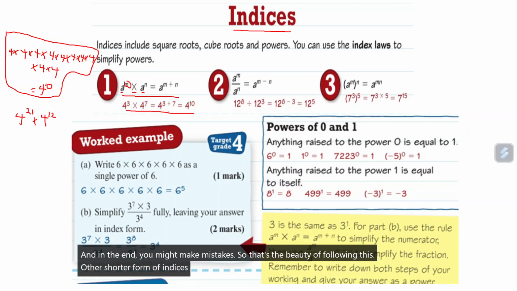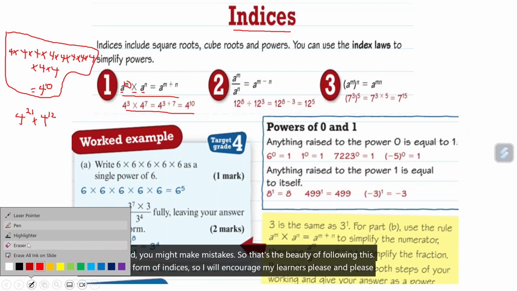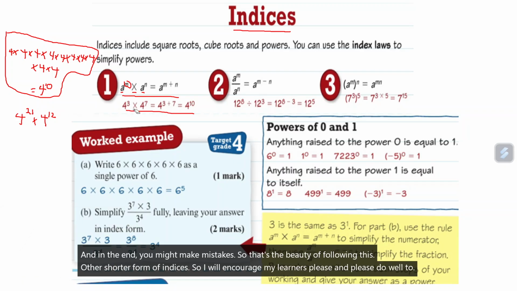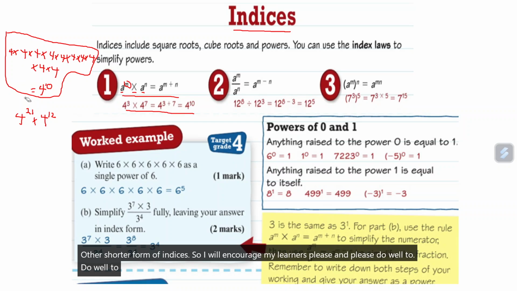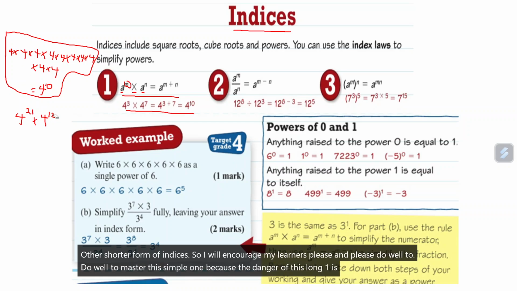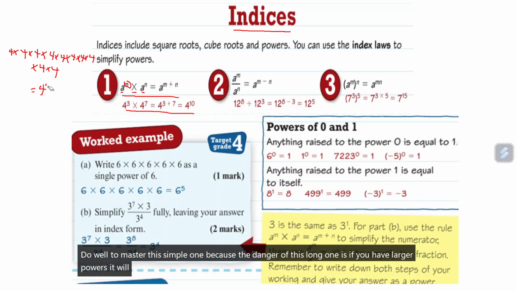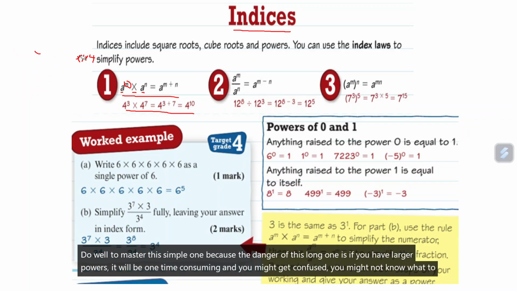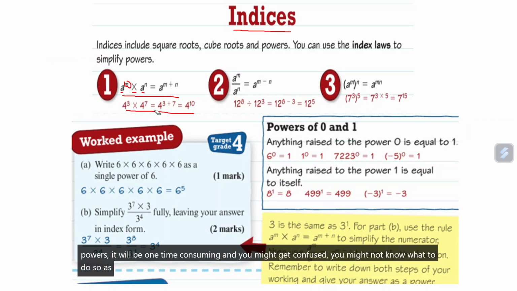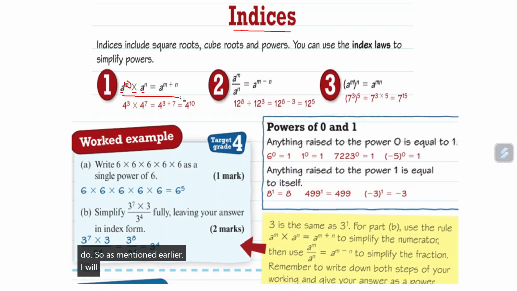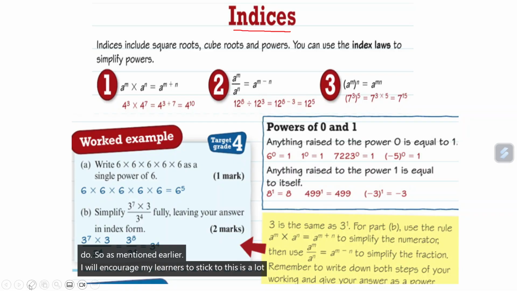So I will encourage my learners, please do well to master this simple one, because the danger of this long one is if you have larger powers, it will be time consuming and you might get confused. This is a lot easier and less time consuming.